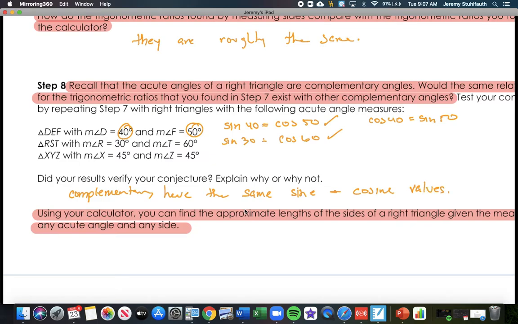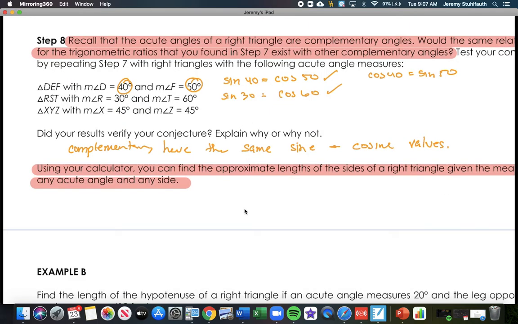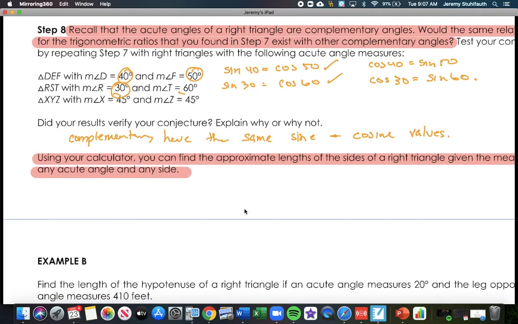Okay, so what that means is if you have 30 and 60, the sine of 30 is equal to the cosine of 60. The cosine of 30 is equal to the sine of 60. All right, so again, if you have complementary angles, we know that the sine and cosine values of the complements are the same.